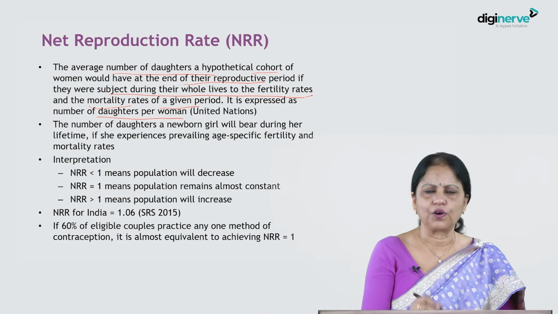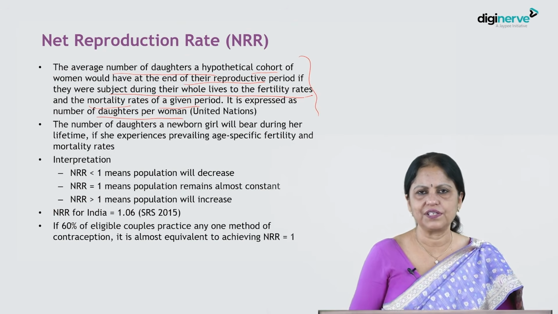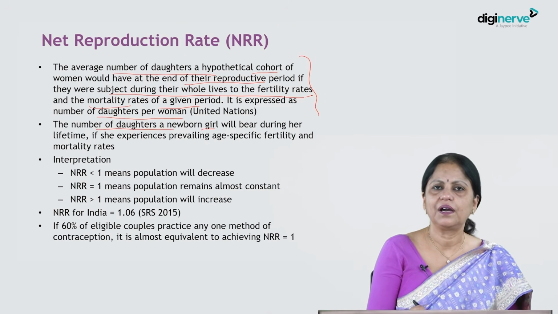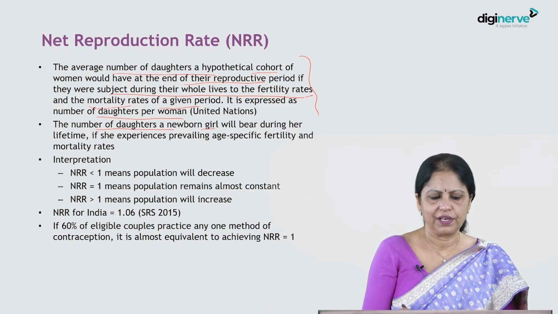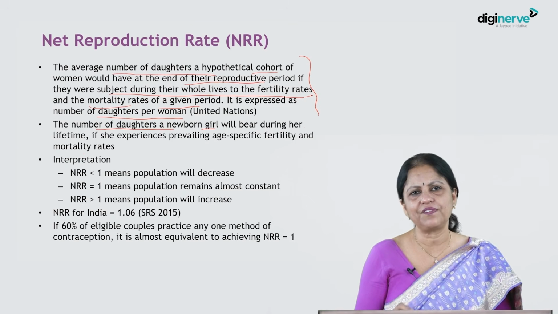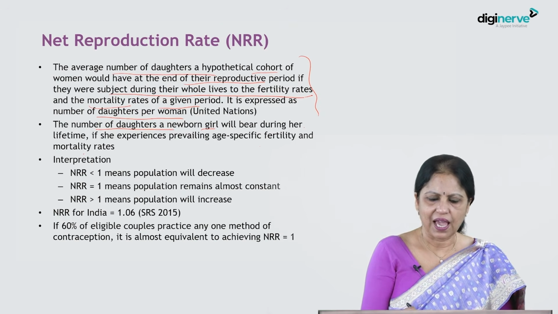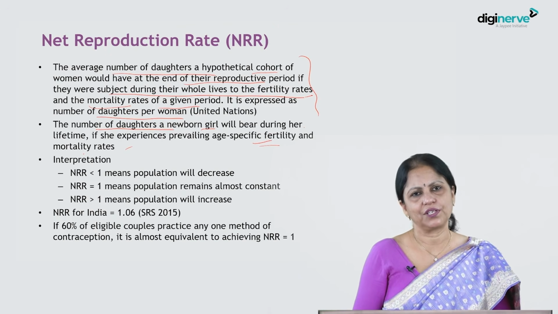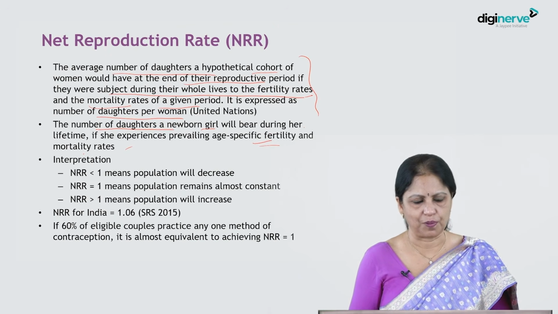So number of daughters per woman. This is again a definition given by the United Nations. Simply it means the number of daughters a newborn girl would bear during her lifetime if she experiences the same age-specific fertility and mortality rates as prevailing in that population.